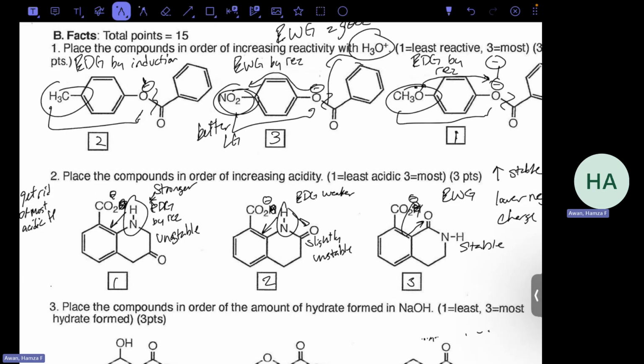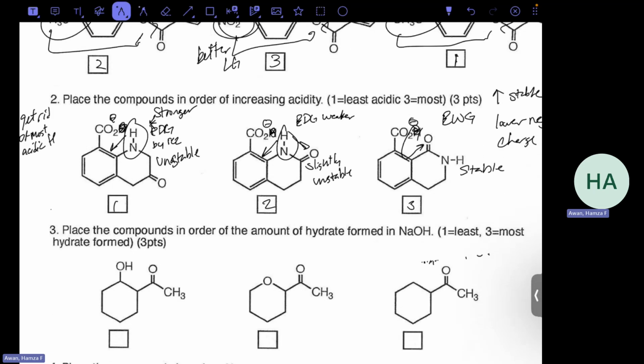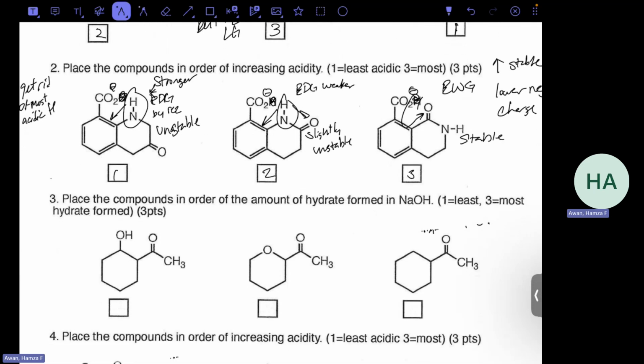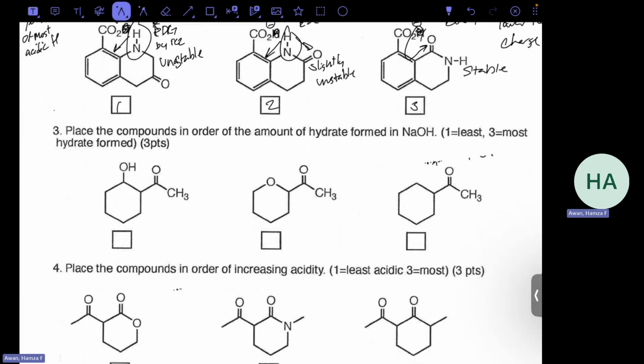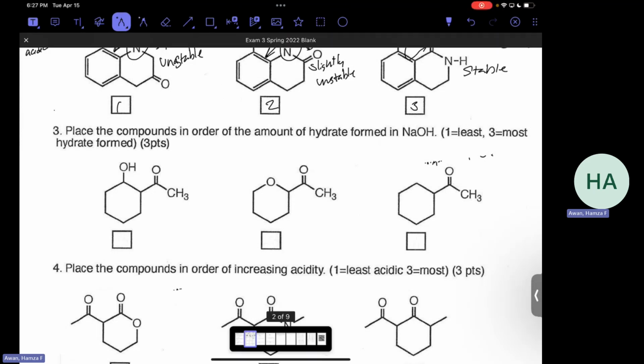On the first problem, we focused on the leaving group. Second problem, we focused on the electron donating and withdrawing groups, right? This problem is very similar to that. So whenever we're having a reaction with NaOH in this context with the ketone and what we've learned, we're going to be looking at the alpha carbon.